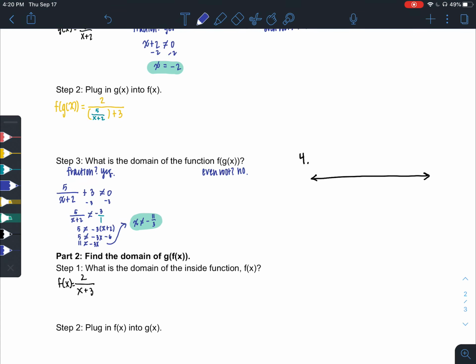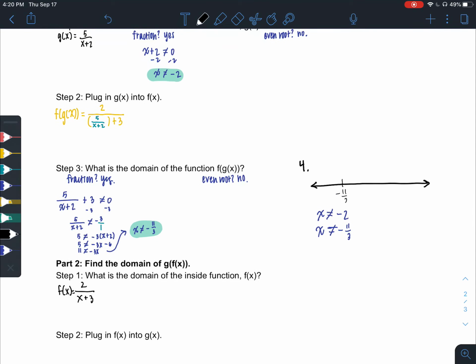So we have x is not equal to negative 2 and x is not equal to negative 11 over 3. You can put that on the number line. That's not right. It should be the other way around. Negative 11 over 3 is on the left, negative 2.